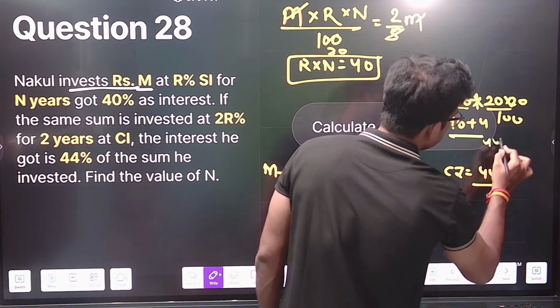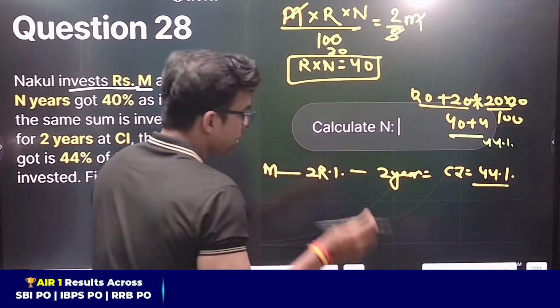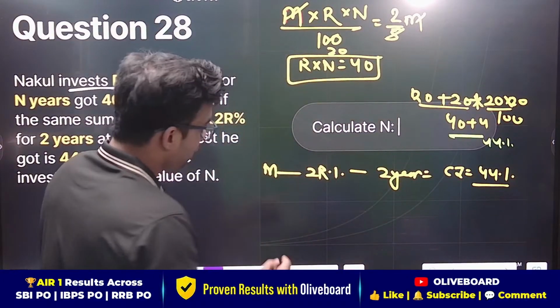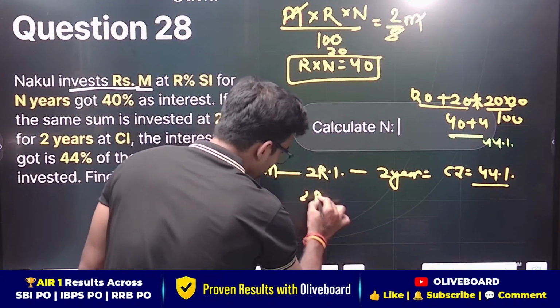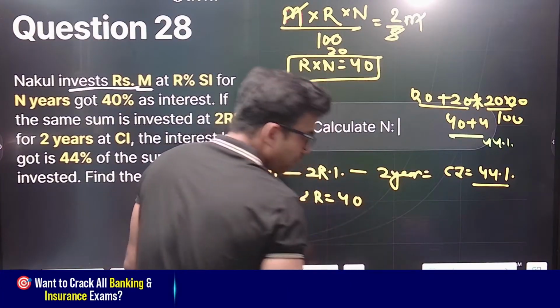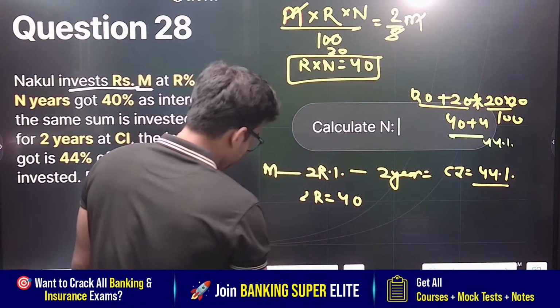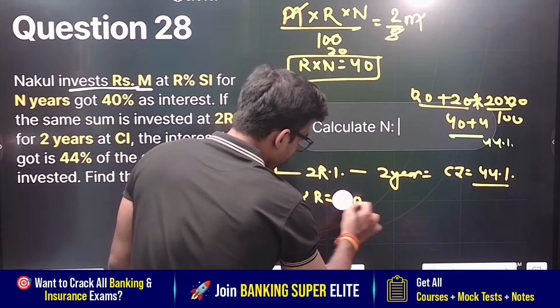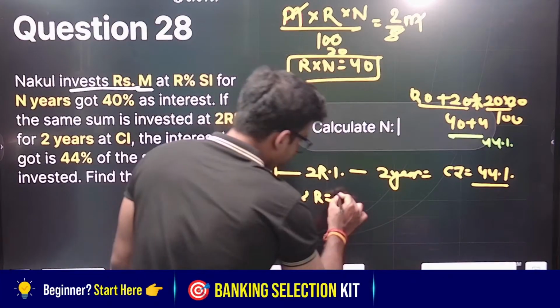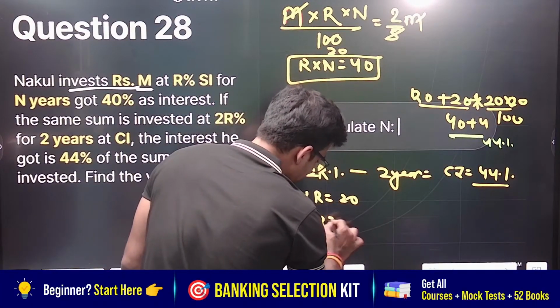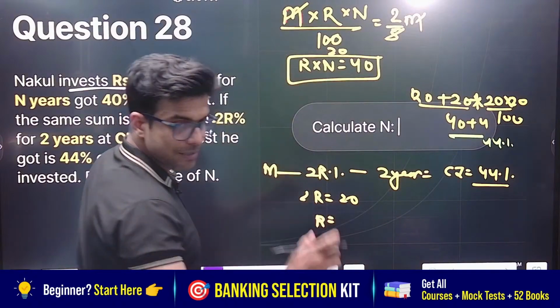So this is 44%. So first of all, you need to figure out your 2R is basically 20. If your 2R is 20, your R is basically 10.